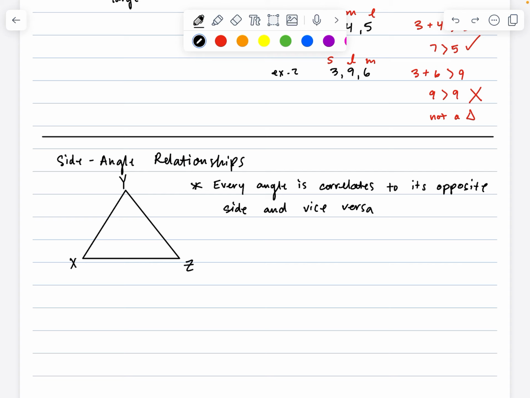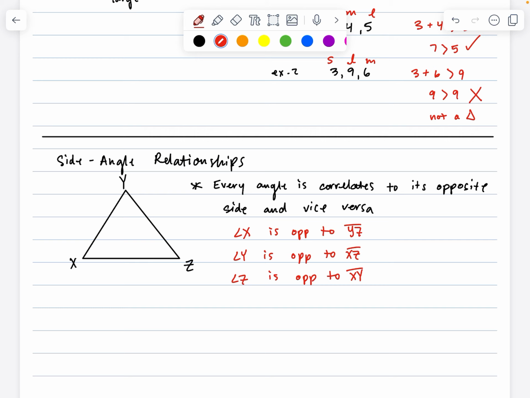So if we're looking at this triangle, as we mentioned, angle X is opposite to YZ. Angle Y is opposite to XZ. And then angle Z is opposite to XY.